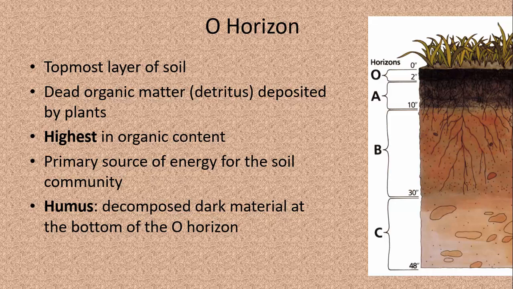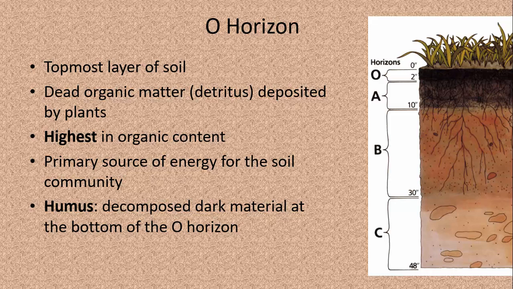So we're going to talk about each horizon separately. The O horizon is the topmost layer of soil, and in some ways it's not even really soil yet. This O horizon is basically dead organic matter, which we call detritus. This is material that's been deposited by plants when they die back or just as they drop their leaves.